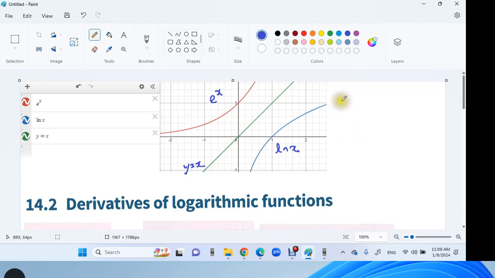Okay. So just now we say that the domain for the e to the power x is that the x in real number can be any number, and the range is that the y greater than 0. So for the ln x, domain will be the range for e to the power x, so it will be x greater than 0.